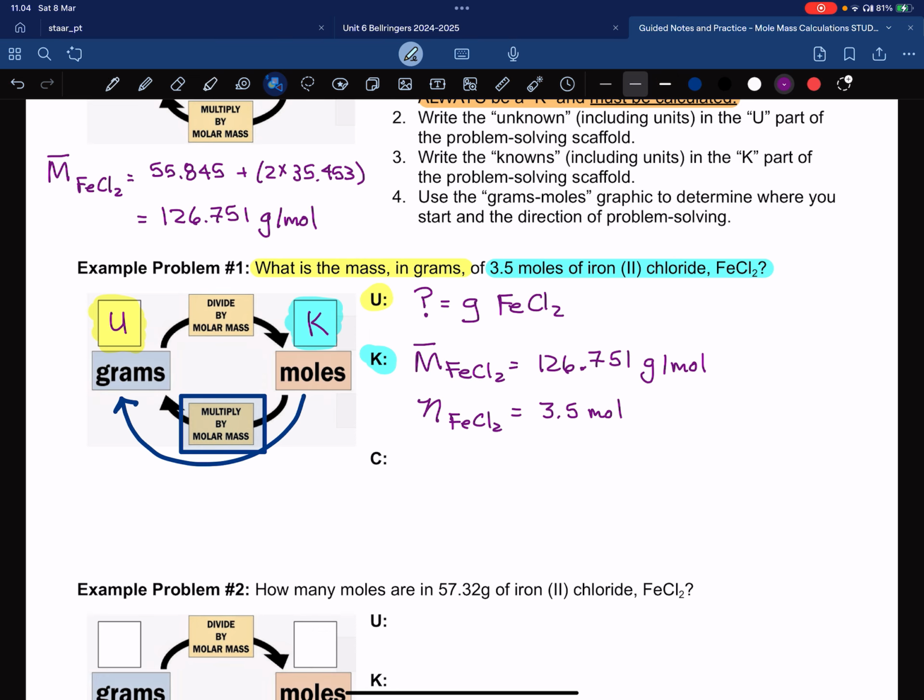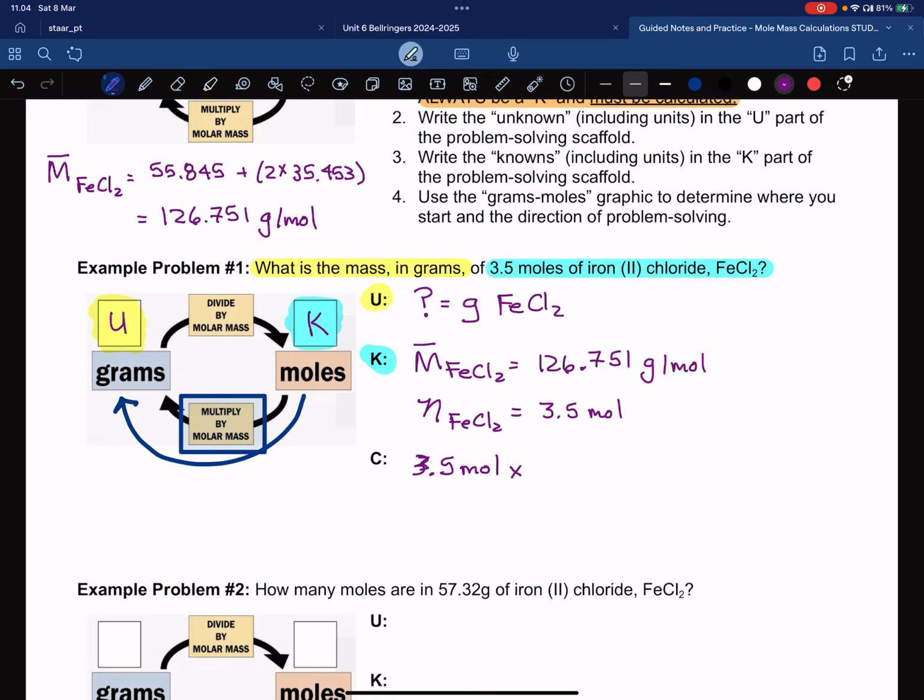Now, this is non-negotiable: the majority of the points are showing your work, not the answer. So you start with the moles, 3.5 moles. Every number has a unit.